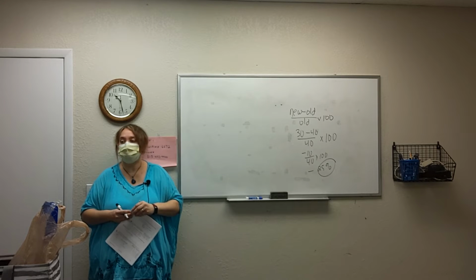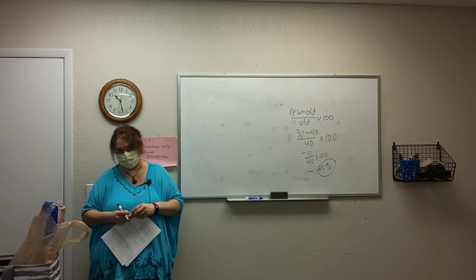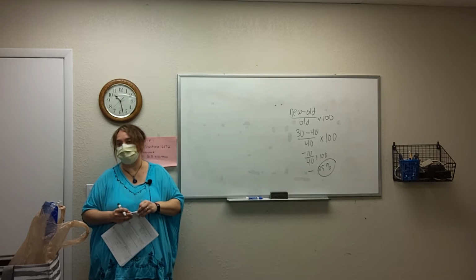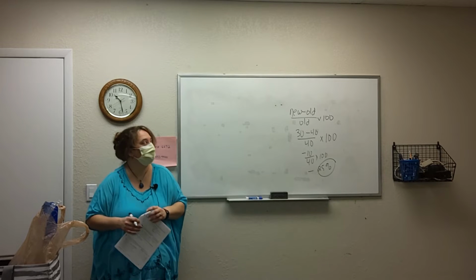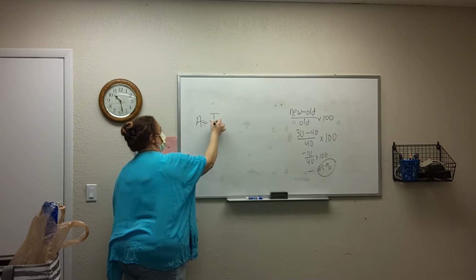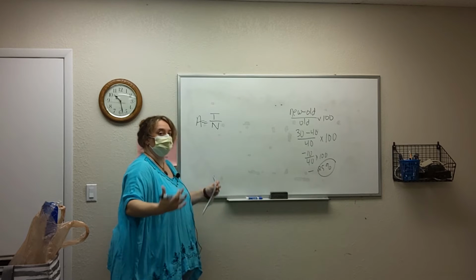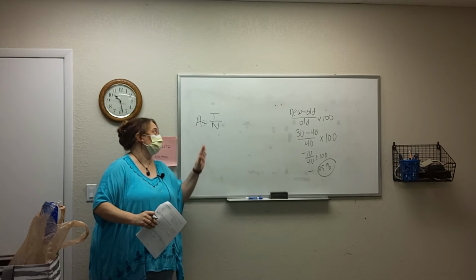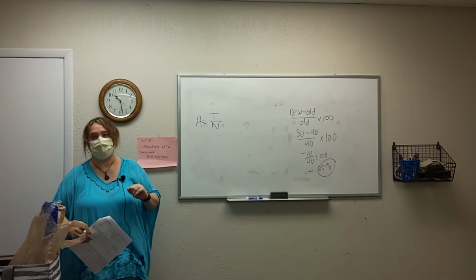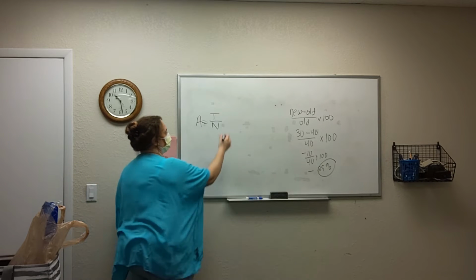So we have normal average problems and we have funky average problems. For our normal average problems, our normal average formula is fine. Average equals our total divided by the number of things we have. That's our normal average formula. When we get to the funky ones, this is not particularly helpful. So we're going to do a little algebra.